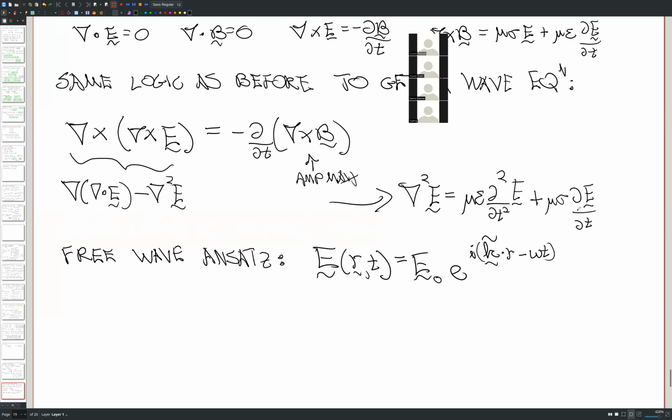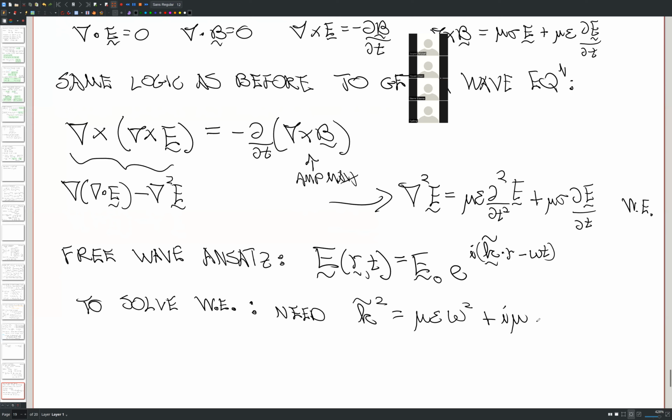So there's something funny going on here, because in order to solve the wave equation, this is the wave equation. To solve the wave equation, you need that this k twiddle squared is equal to some complex number, mu sigma and then 1 over omega.